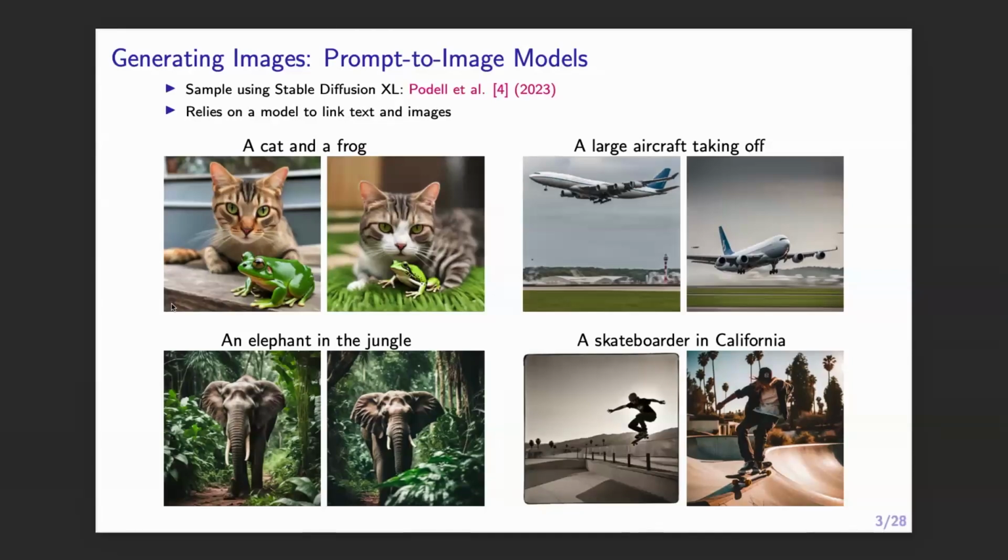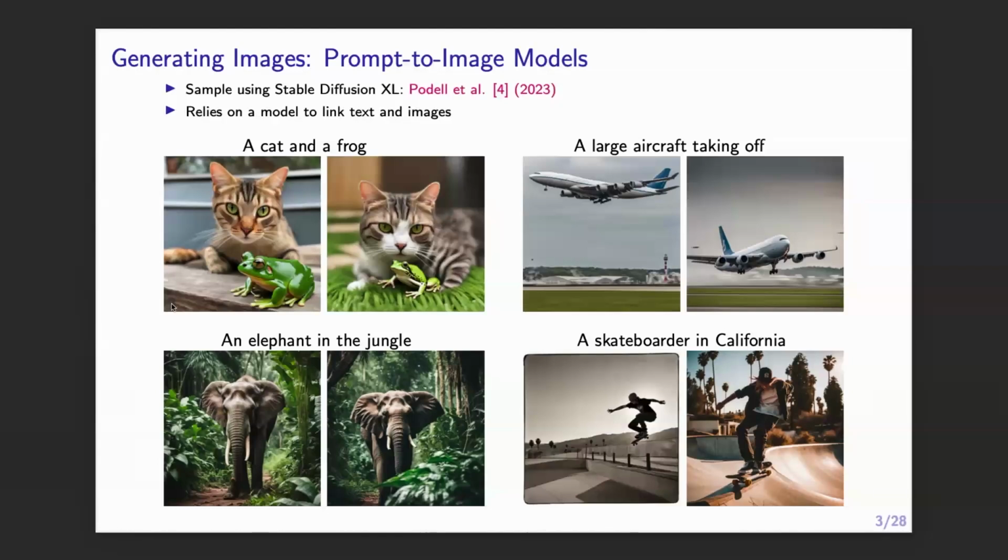So first, we're seeing a lot of models, in particular these prompt to image models that can take in a prompt like a cat and a frog and learn to generate images that we see here. For this particular example, I generated these images using a stable diffusion model, which has a lot of different components, but inside of it is some model that can relate this text prompt to this image.